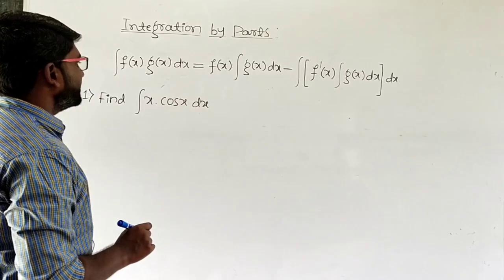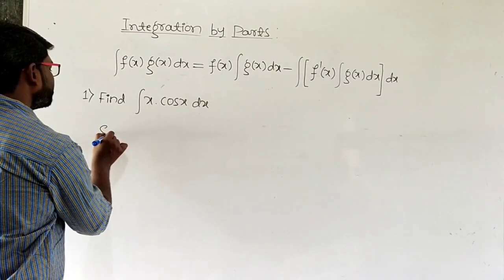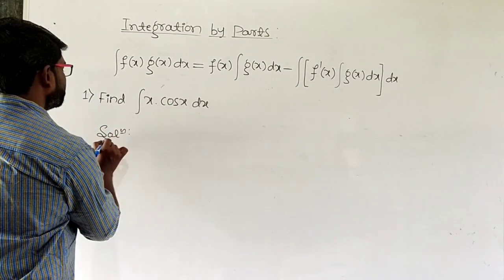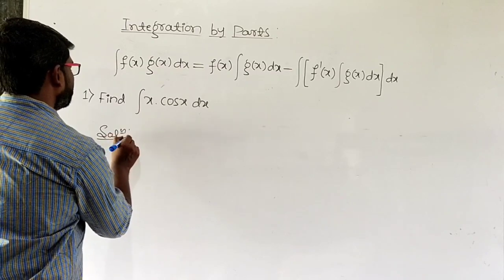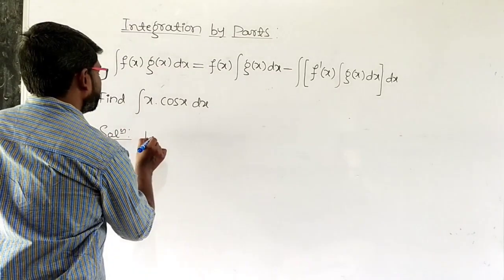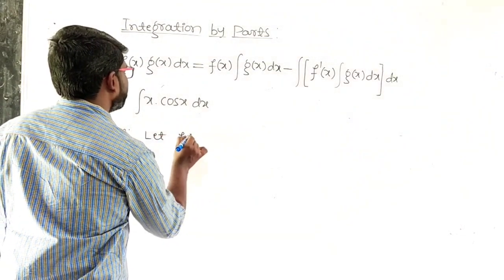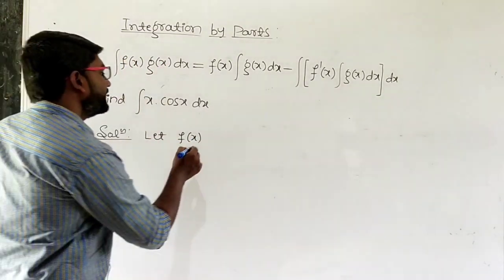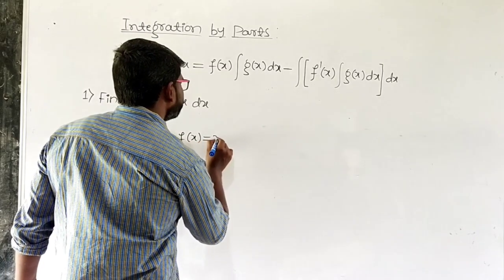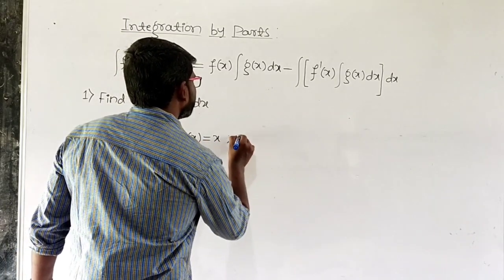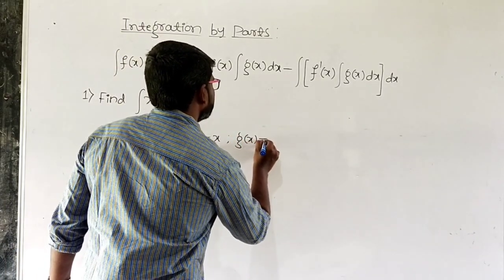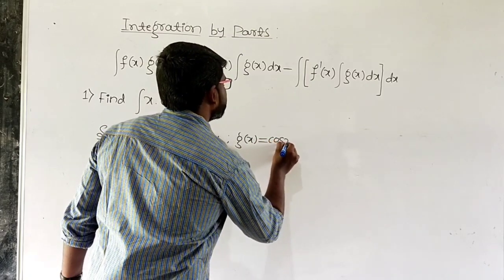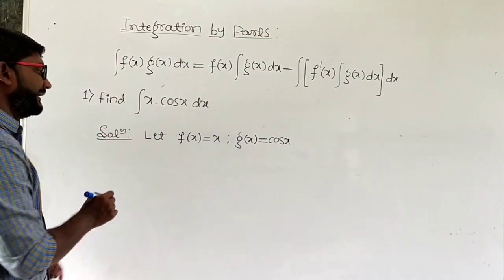So now here let f of x be the first function and g of x the second function. f of x equal to x and g of x equal to cos x. So let us go for the integration.